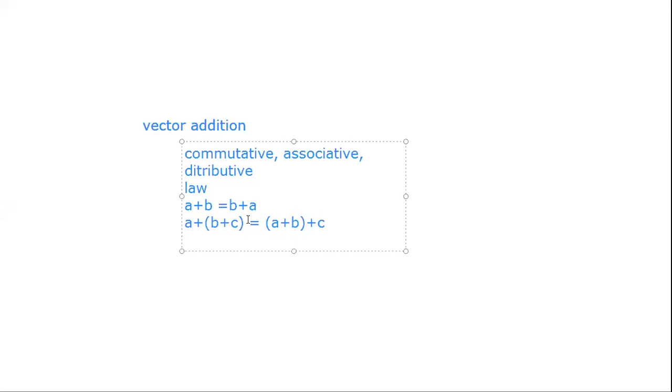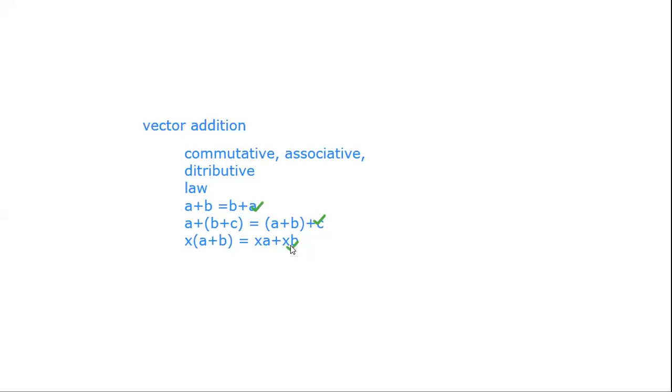And the distributive law: x of A plus B equal to xA plus xB. Okay, this is called the commutative law, this is called the associative law, this is called the distributive law. These are the different laws obeyed by vector addition.